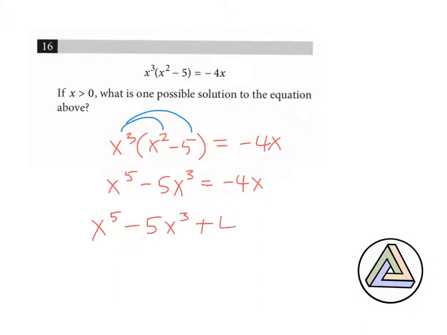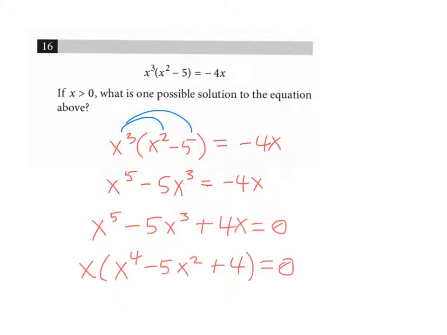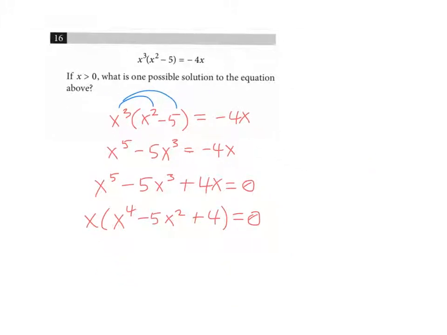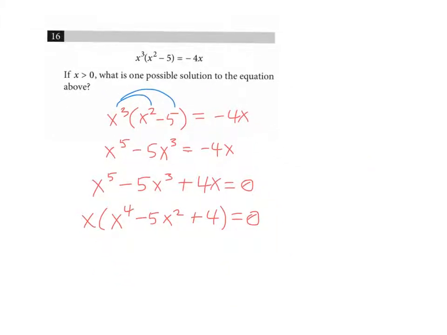So we have plus 4x equals 0. Definitely a good idea to factor out the GCF. In this case, it is x. So we have x times x to the 4th minus 5x squared plus 4, and that equals 0. Now, again, we already acknowledged that if this x was 0, then the whole thing would be 0, but unfortunately we're going to have to work with what's inside the parentheses in order to make this work. Now, here's the problem.